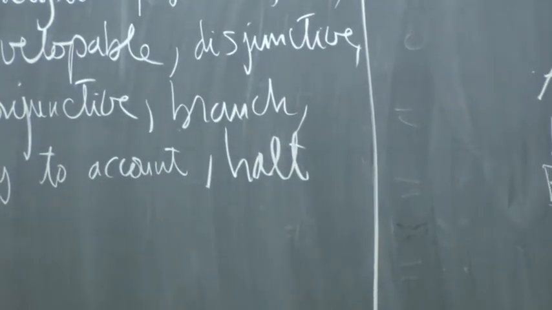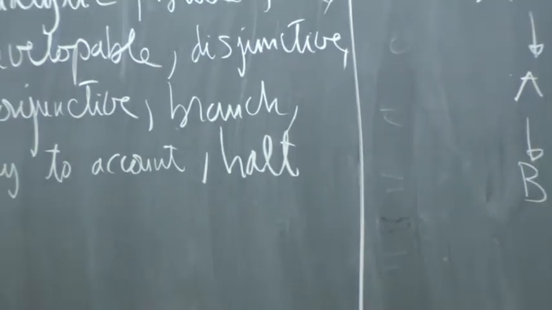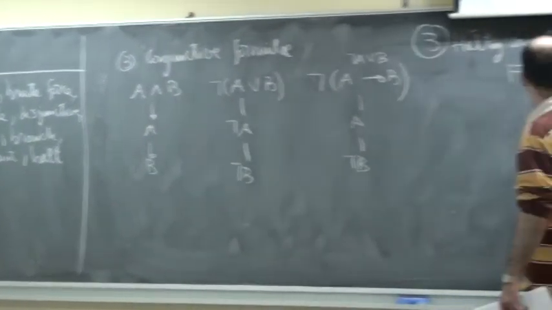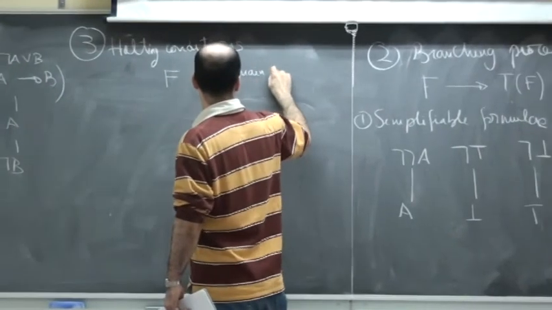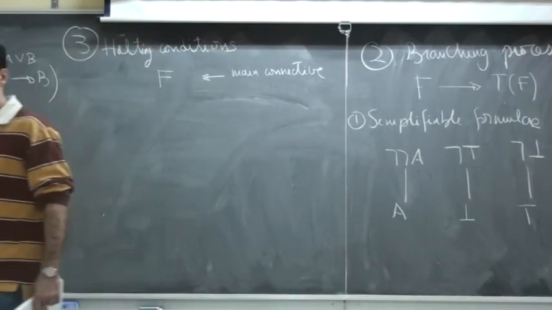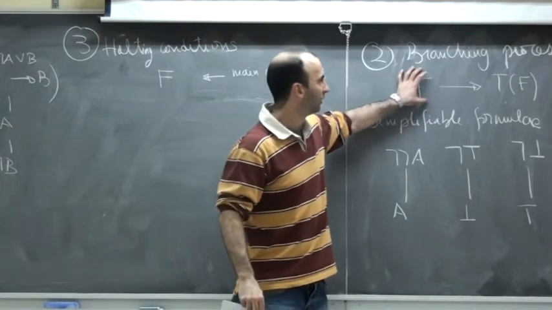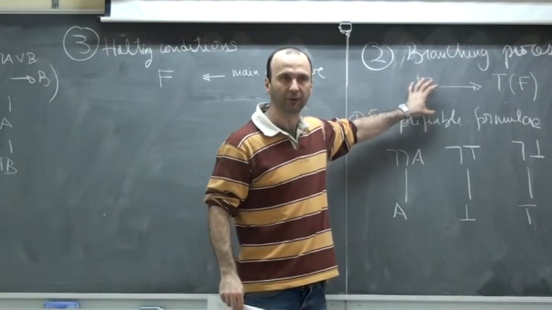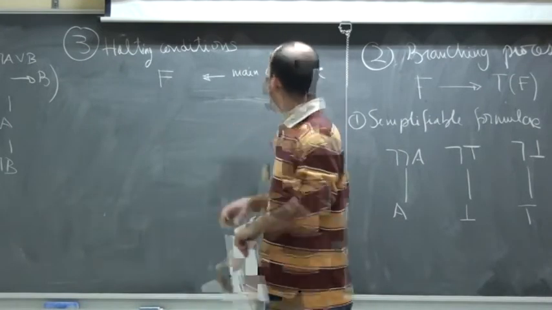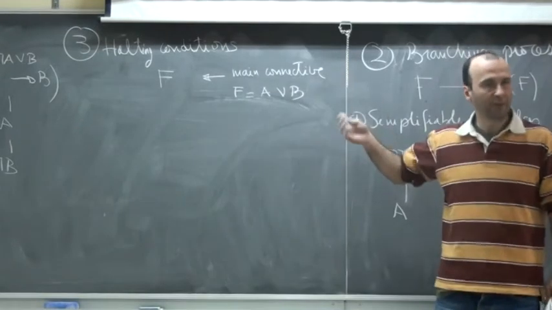Here I start with my formula, F. I determine the main connective. Depending on the main connective, I choose a particular branching process. Suppose F, just for the sake of an example, is of that form.